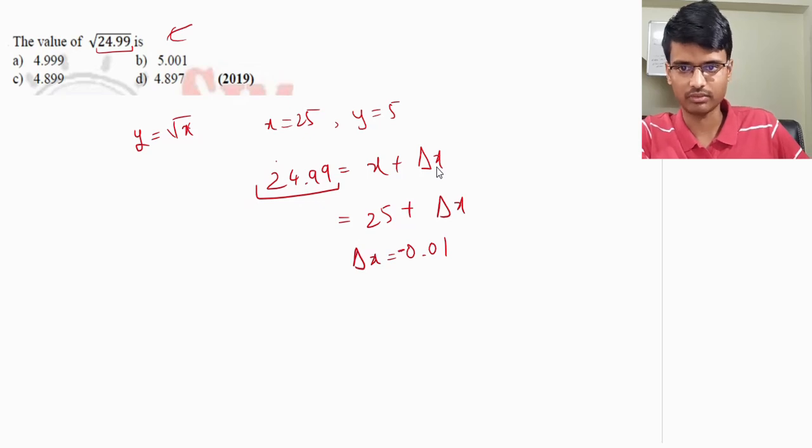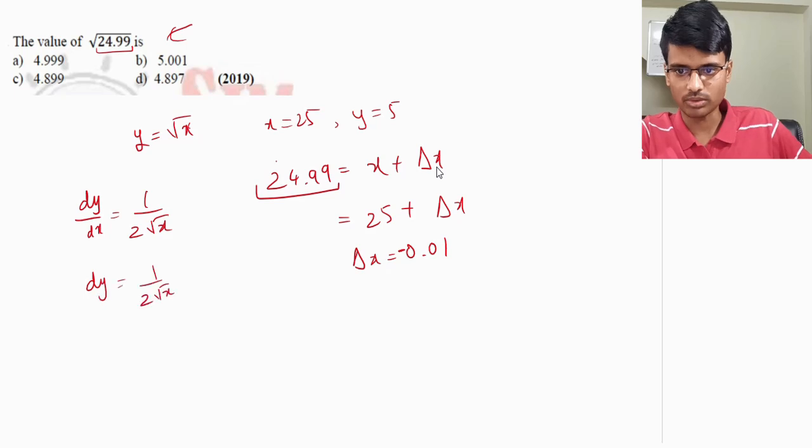Okay, 25. So all I have to do is differentiate dy by dx. Differentiation of root x, we know, is 1 by 2 root x. So dy equal to 1 by 2 root x dx, right? Dx, I know what it is. It is minus 0.01. We have taken the closer value as 25. So what do I get?